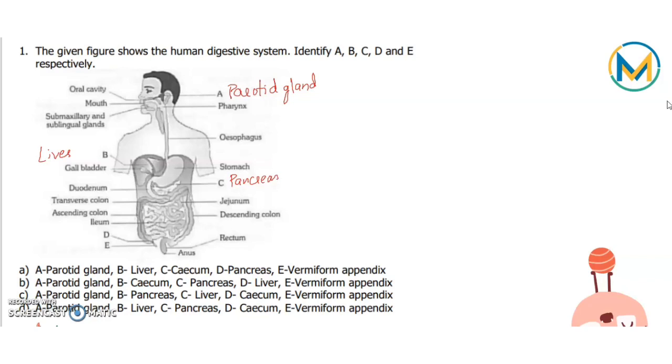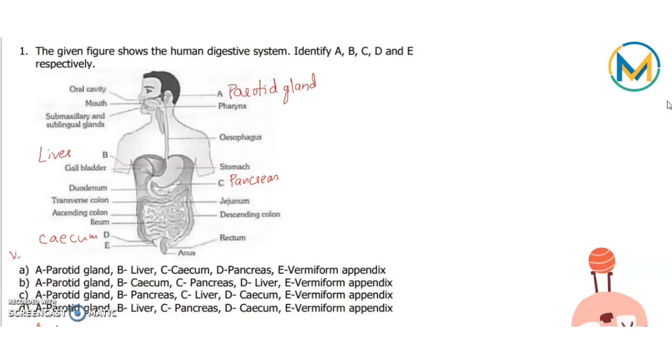Now looking at part D, in large intestine there are three major parts, cecum, colon and rectum, and this D is cecum. Looking at part E, this is the posterior end of cecum, is present as a blind sac in abdominal cavity which is called as vermiform appendix.